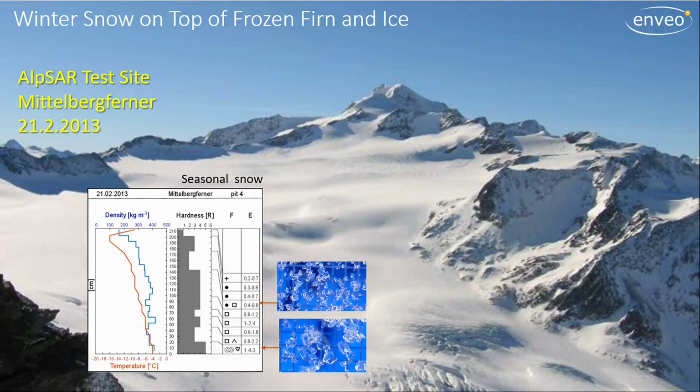And when you remember the density profile from before, we have a different density profile here, although it was measured more or less on the same day, 1 day difference, at a different elevation and a slightly different location, about 10 kilometers more or less towards the west. And when we look at the grains, they are of course different.